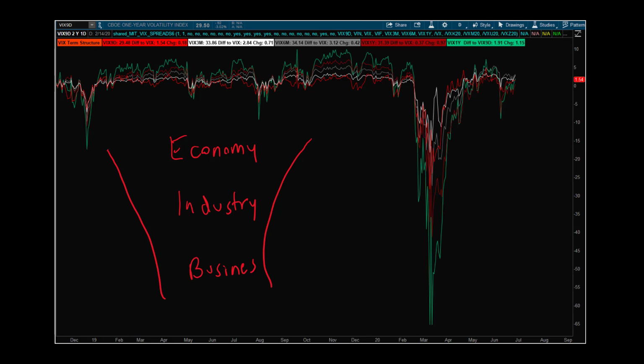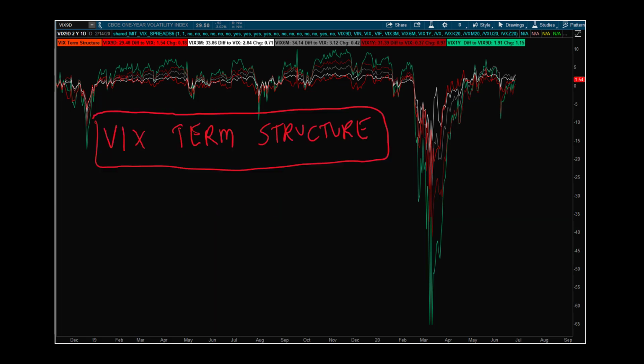So with the Vix Trading System, we want to look at the Vix term structure. And if we say that another way, it's the Vix curve. When you look at the Vix, just VIX, that's a 30-day measure of volatility.